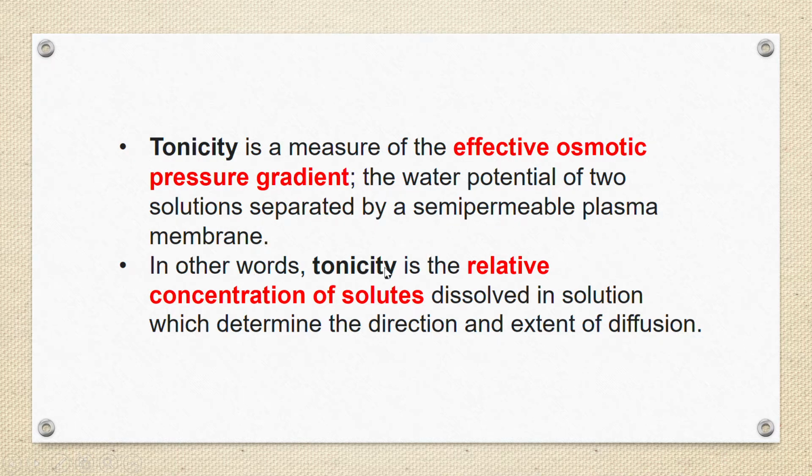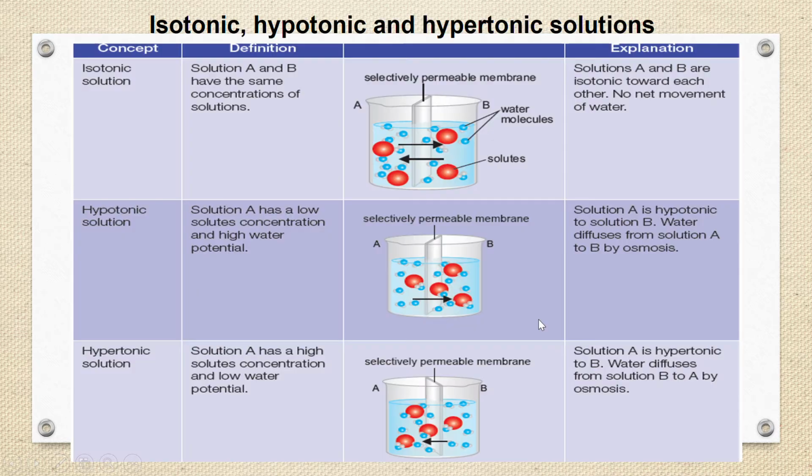So in other words, it is referring to the relative concentration of solutes in a dissolved solution, and that's going to determine the direction or the extent of diffusion in which we will be looking at it. So still remember the terms osmosis and the passive transport. Okay, it is referring to the movement of the water particles.